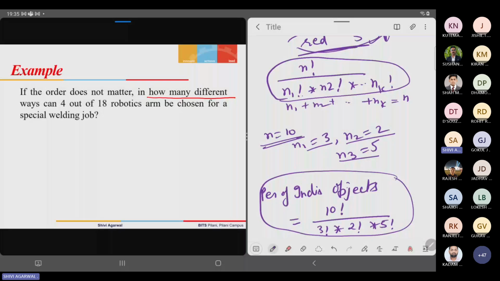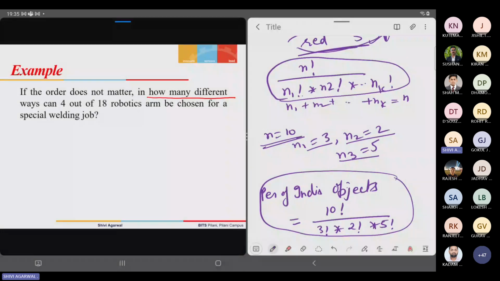Okay, so we have 18 robotic arms and we have to select 4. In how many ways? Got it? We can select only 4, they have individuality, but we don't require the order. So what will you do?